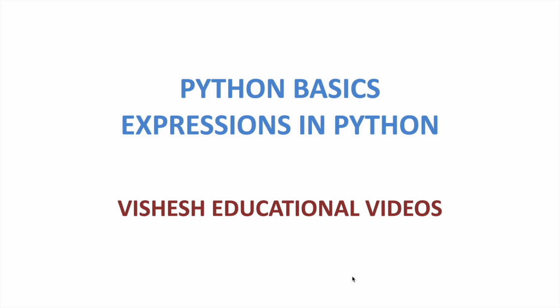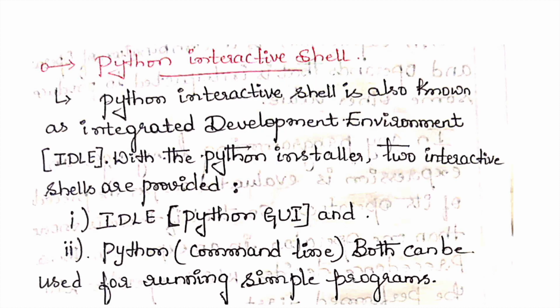So let me begin the explanation of expressions in Python. Now, to type the expression in Python, we need an interactive shell. So the Python interactive shell is also known as an IDE, that is Integrated Development Environment. IDLE is an integrated development environment that is built in.